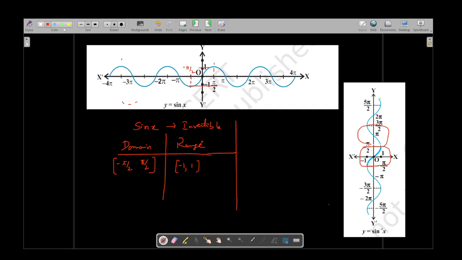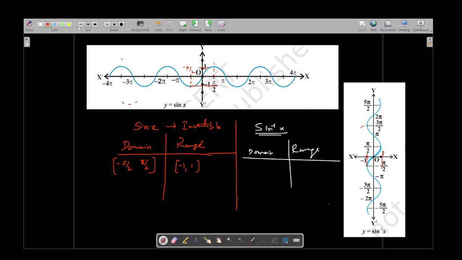For sine inverse of x, the domain and range will be the reverse of sine of x. The domain is the x-axis value, and it varies only from minus 1 to 1.